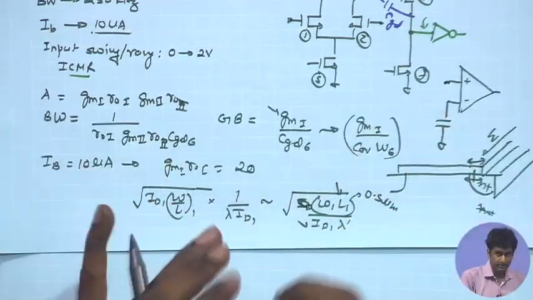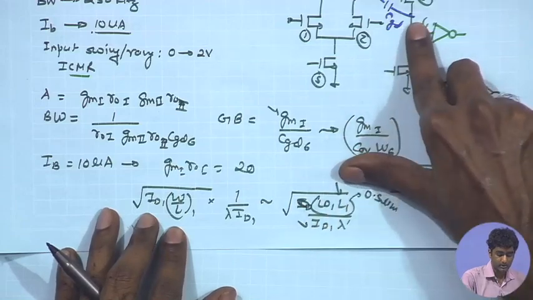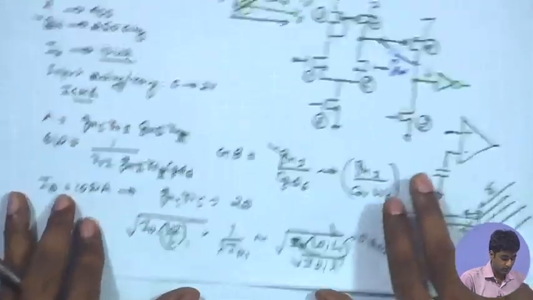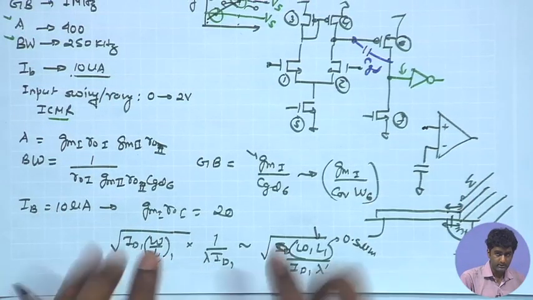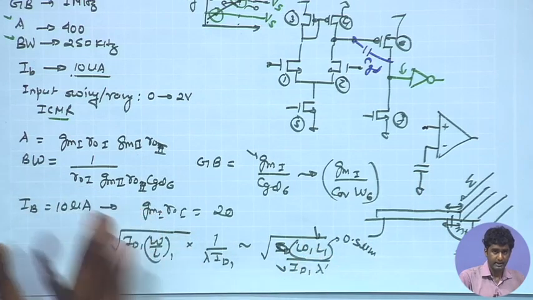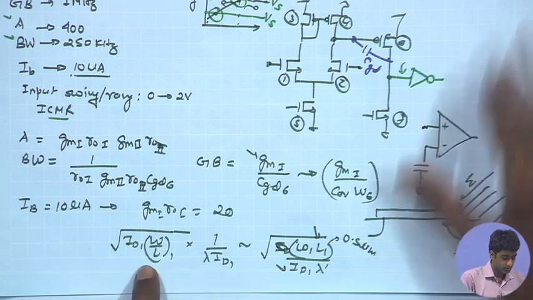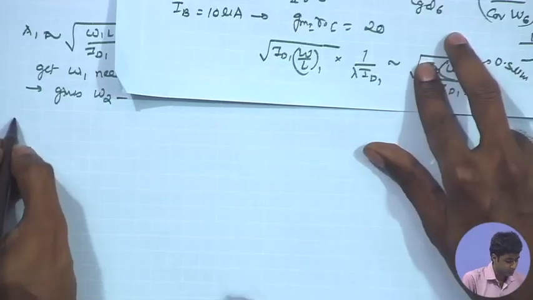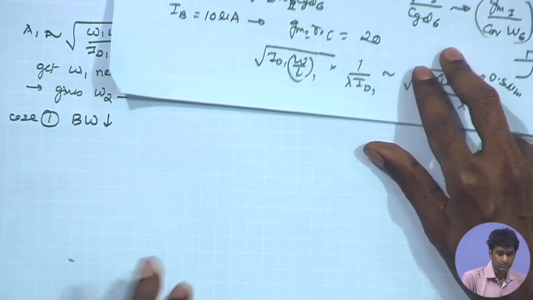So, I have set the gain and am checking for the bandwidth. If the obtained bandwidth is much lower than what I expected, then I need to go back and tweak the parameters such that the gain remains more or less intact, but the bandwidth is enhanced. Once again we can have several options here. Suppose case 1: you have the bandwidth lower than required.